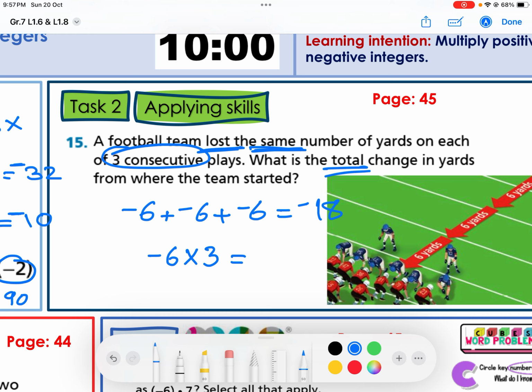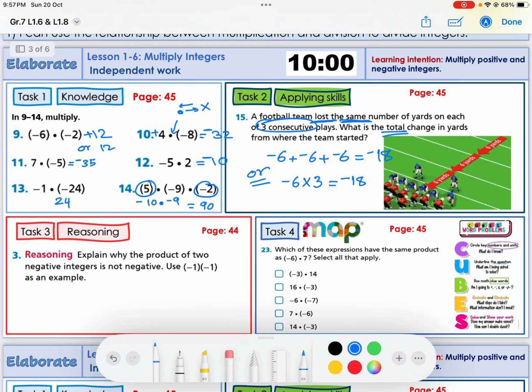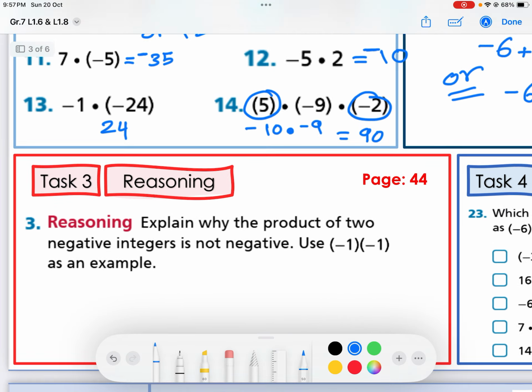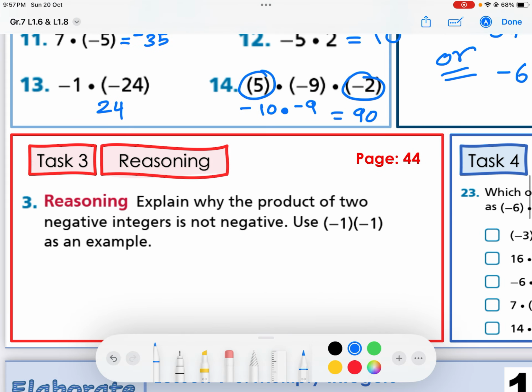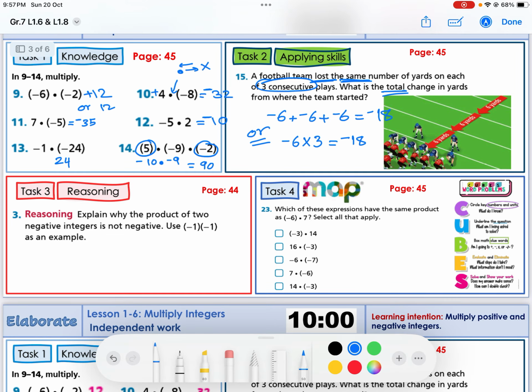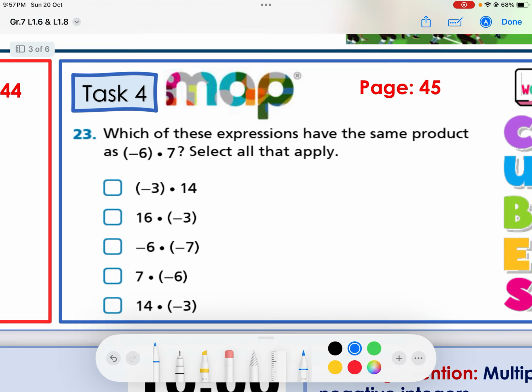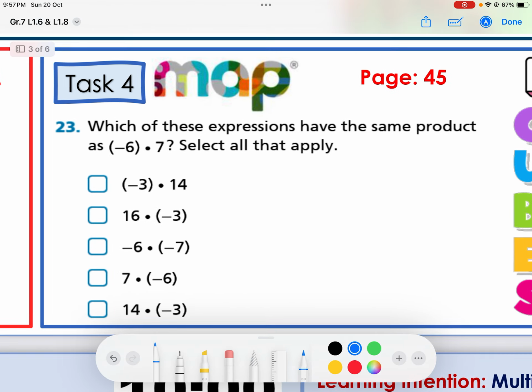So let's multiply 6 by 3, that's 18, and the sign will be negative because different signs. We are unhappy, we are negative. Okay, guys? So you can do it like that or like that. Both are correct. So this one, it's okay. We explained it. I didn't bring such a question explanation.